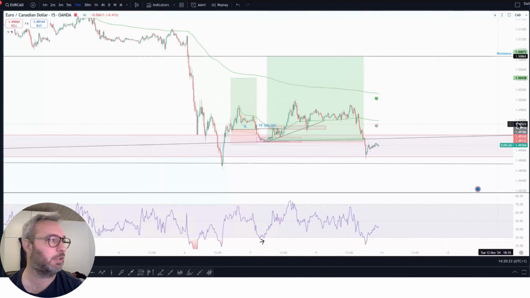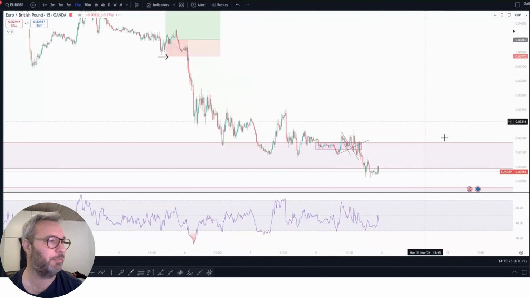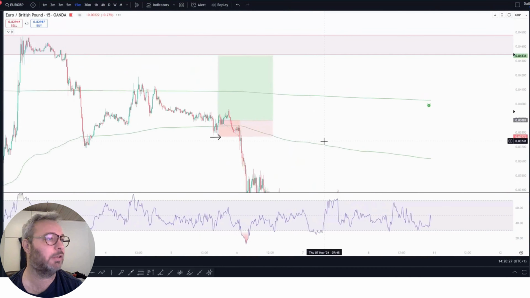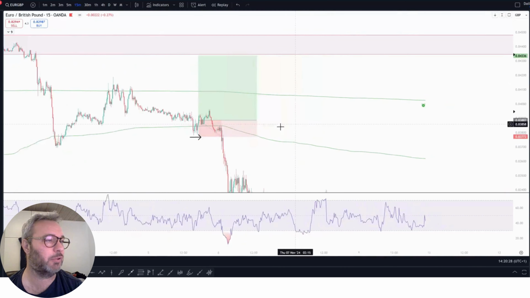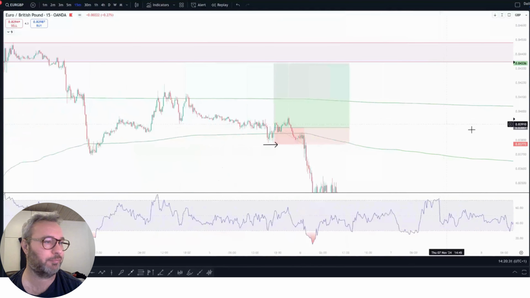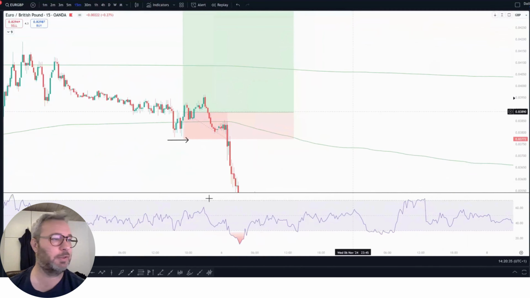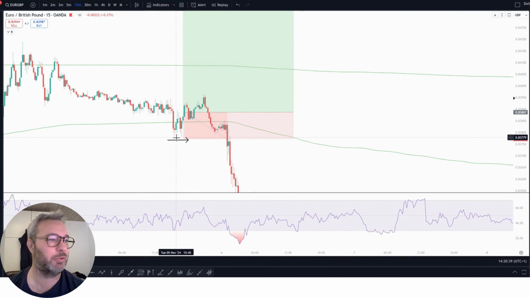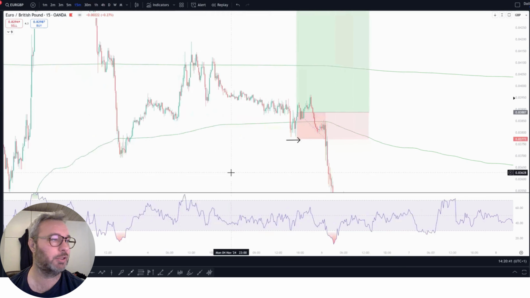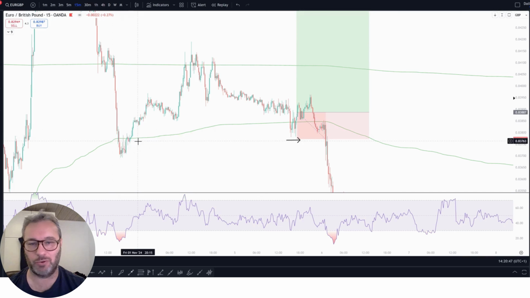Let's see the next one, EUR/GBP. So that was Tuesday. Yeah, that was a straight loss. Here we have a double bottom, good divergence, and this here is a support area. I don't always draw my support boxes and lines.